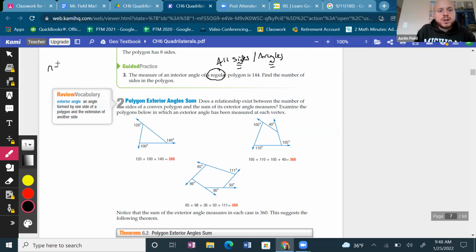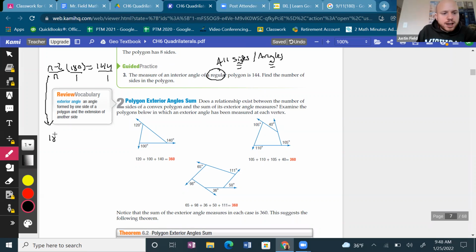We know our formula is n minus 2, divided by n, times 180. They're telling us equals 144. All right. So we can put this 180 on top, and we can make this into a fraction, because Mr. Field likes cross multiplication.